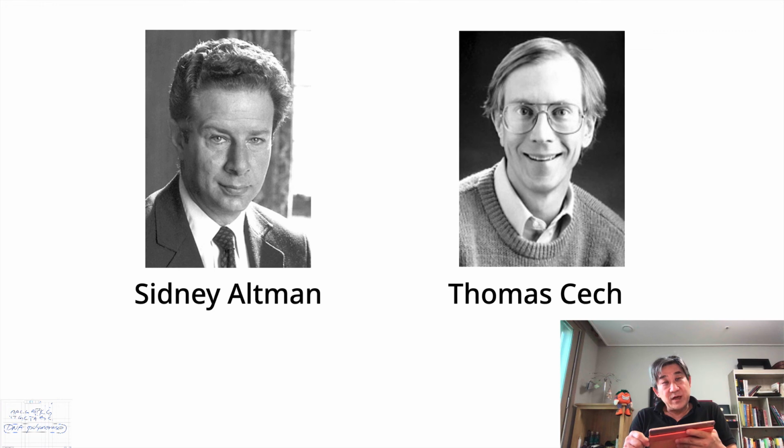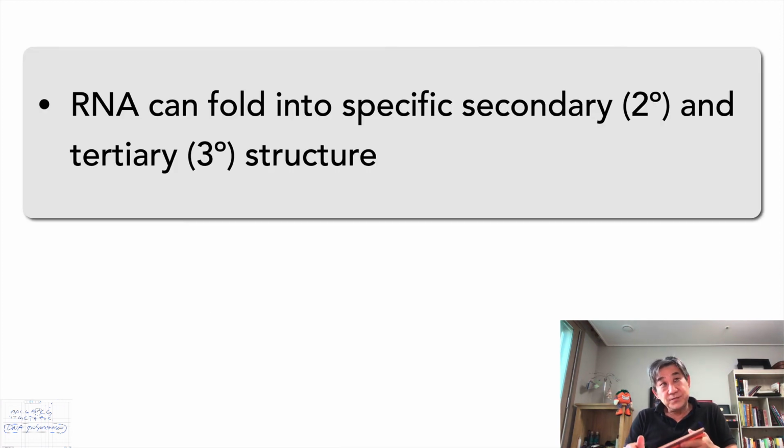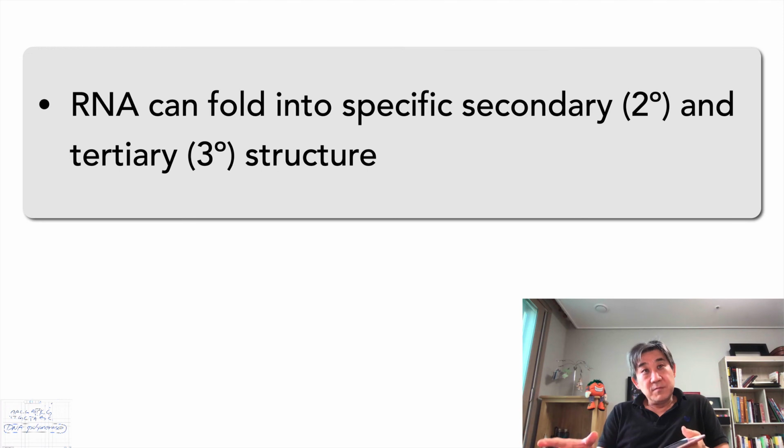One is Sidney Altman at Yale University, and another scientist was Thomas Cech at the University of Colorado at Boulder. It was sometime in the mid-1980s that it was first discovered. So certain RNA can function as an enzyme rather than being simple nucleic acid.